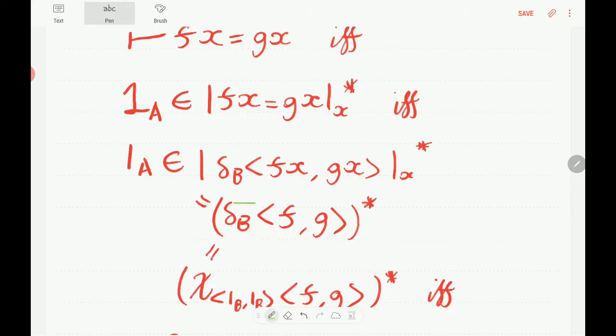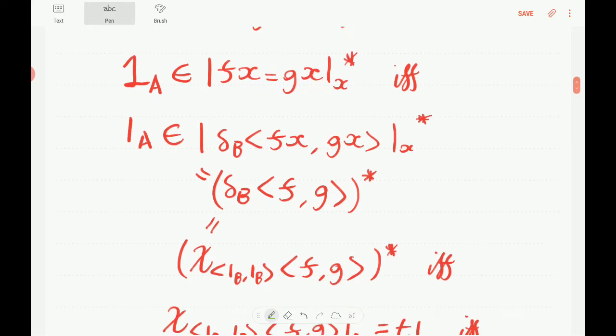We know that delta_B is really just the classifying arrow of this diagonal arrow, identity_B comma identity_B.